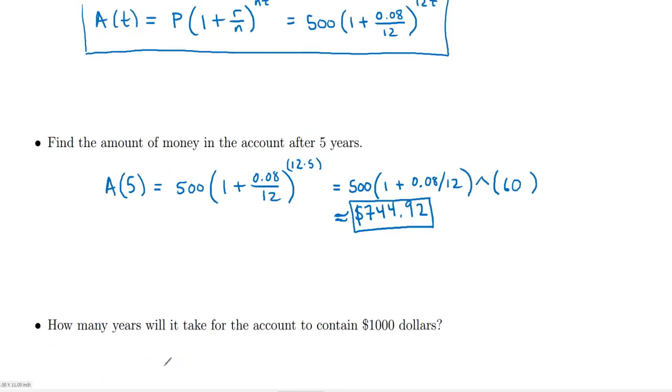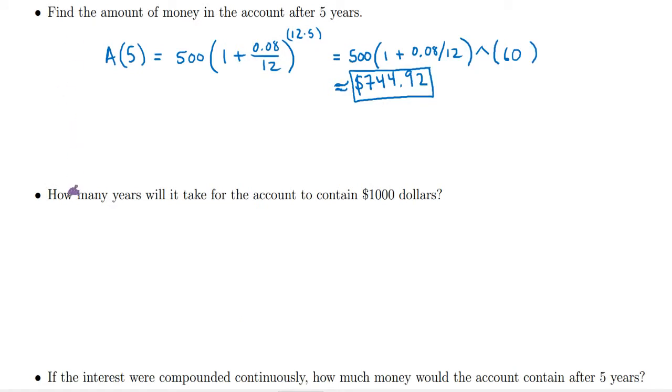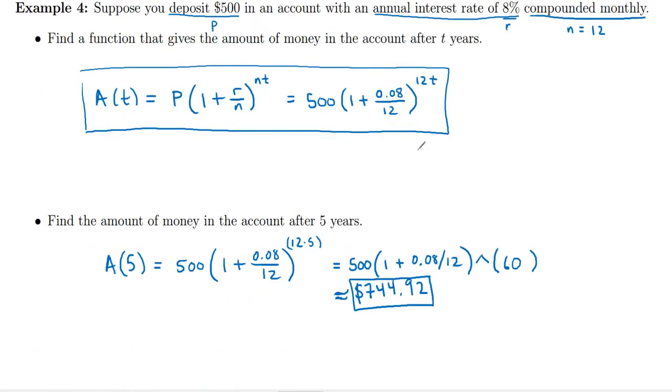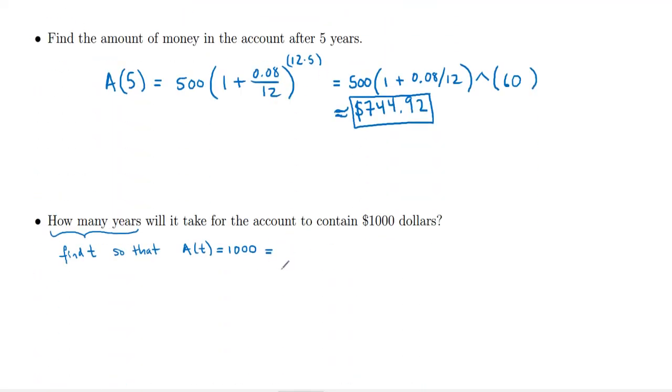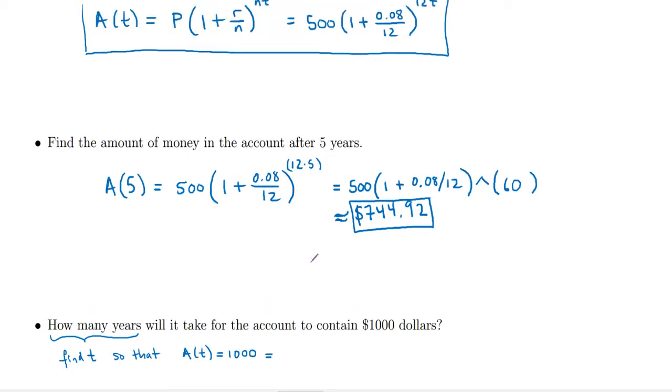In other words, we're going to find t so that A of t, the amount, is 1,000. Okay, well, what is A of t? We already have a formula for that right here. So we're setting this equal to 1,000, and then we're going to solve for t. All right, so set those two equal.